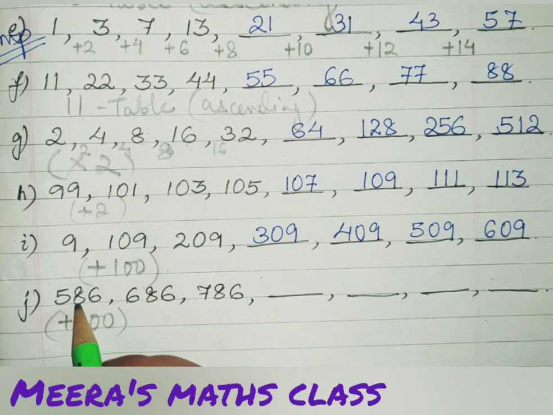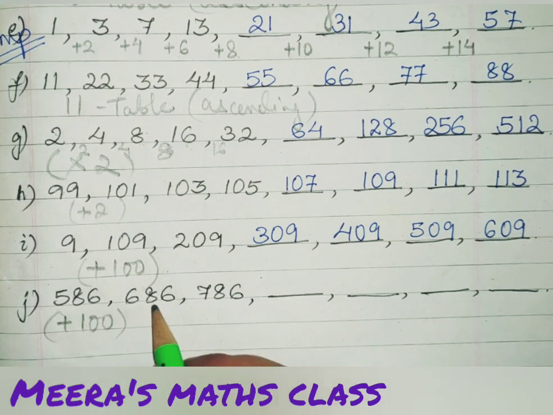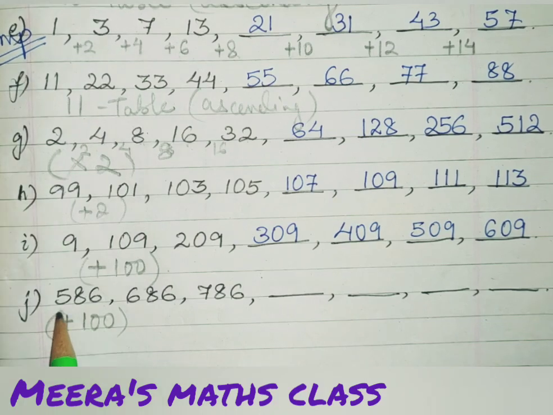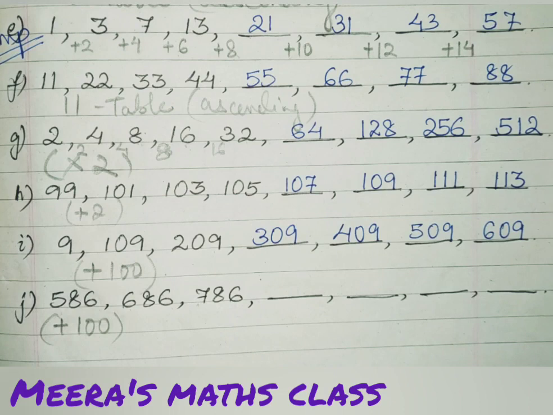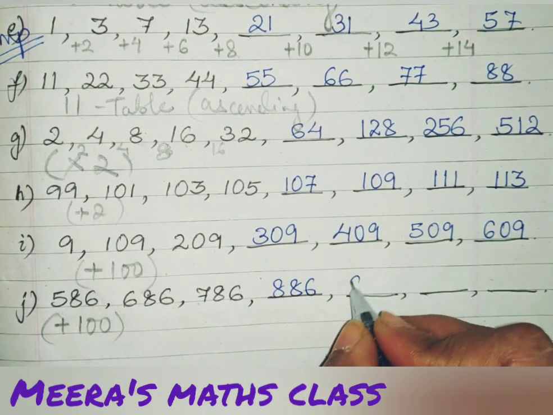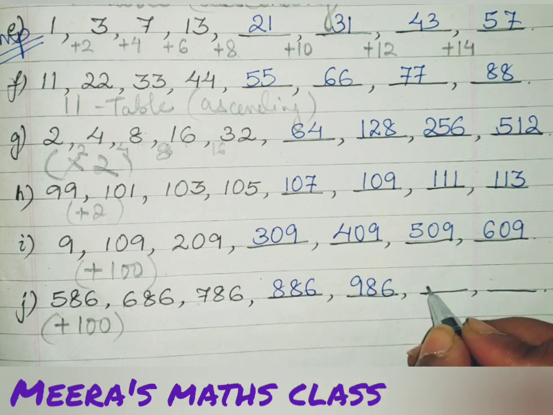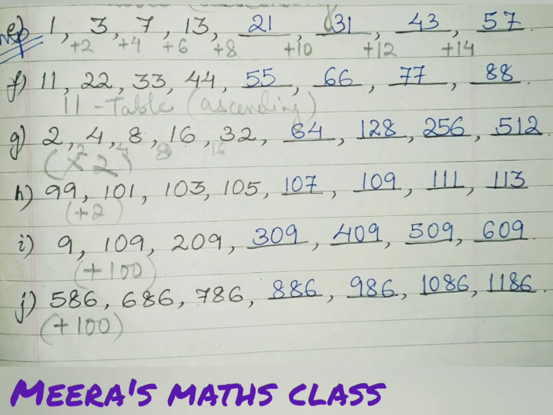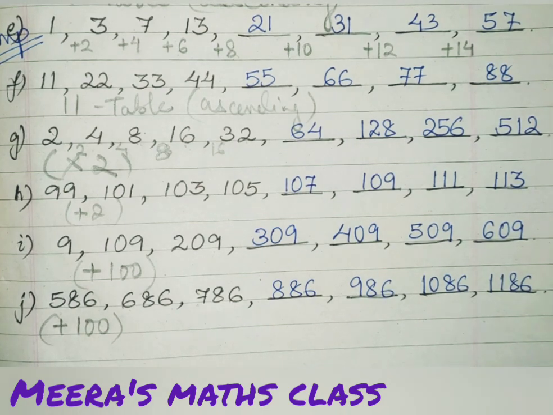Because you see the tens place and ones place are the same in all the numbers, but only the hundreds place is changed: 5, 6, 7. So next add 100: 886, 986, 1086, 1186. So here the pattern followed is adding 100.